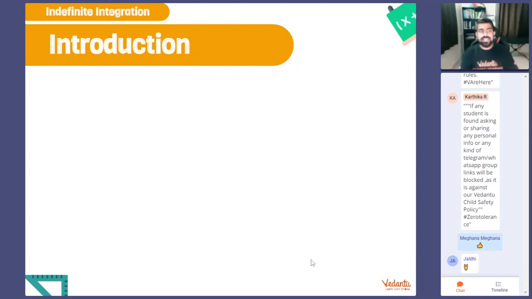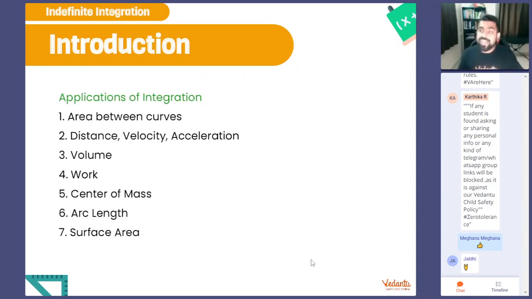Now, like I said, integration is basically the reverse process of differentiation. This is how a common man will understand it. But we are all mathematicians, so we need to dive deeper. But before we dive deeper, let's understand what the applications are so that our chapter is intriguing and we have the curiosity to learn. Sir, do we actually use integration in real life? Absolutely yes. In real life, we use it a lot, much more than some of the other chapters.